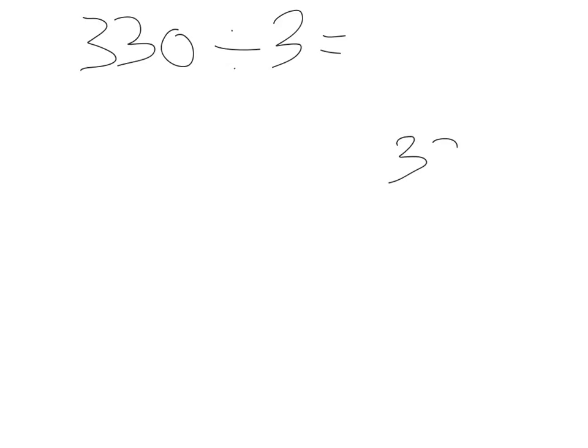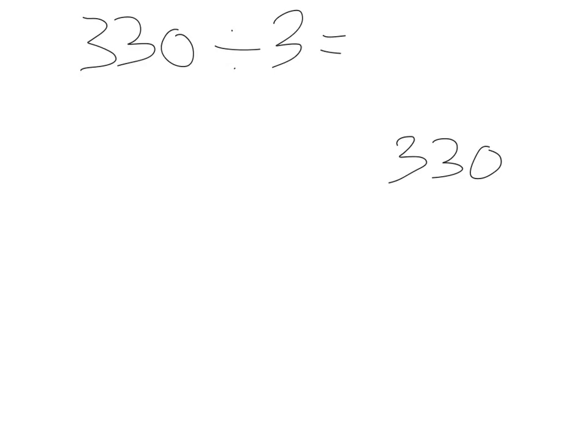Now let's try with a 3-digit number. I'm going to try 330 divided by 3, and we do exactly the same as what we did before. I'm also going to put 330 here.